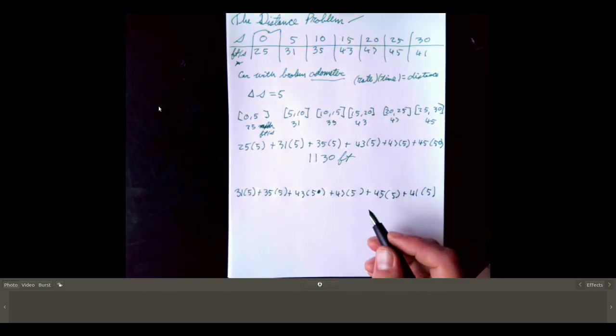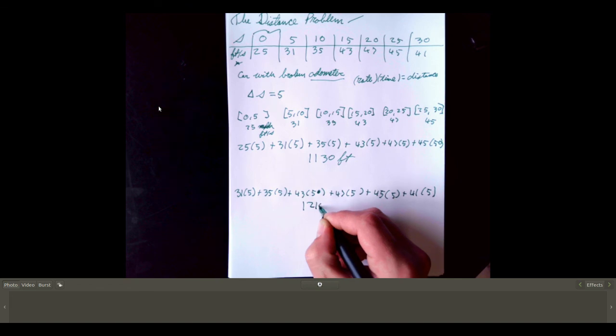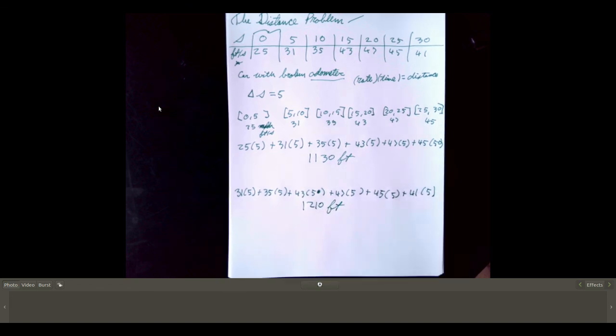If you were to crunch that number, we would get 1,210 feet. So, once again, we're probably getting some sort of underestimation and some sort of overestimation.